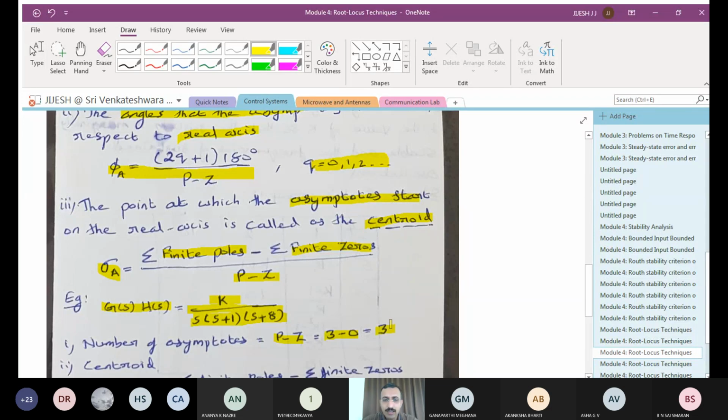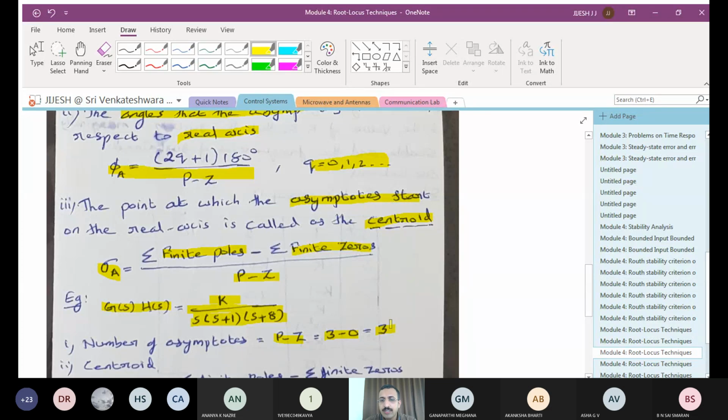So in step 4, the first step is to find out the number of asymptotes. We got it as 3, which indicates that 3 asymptotes are to be drawn in the plot. Okay, so you need to draw 3 asymptotes. Now you don't know where these asymptotes are placed, at which angle.